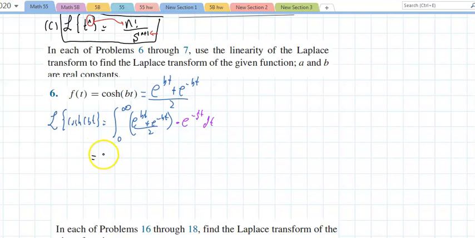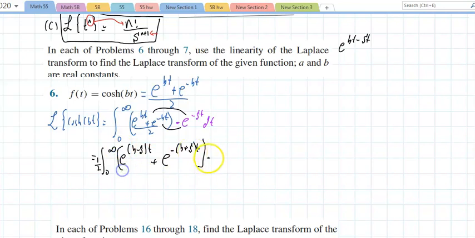That is the integral from 0 to infinity. I'm going to take the 1/2 out. When you multiply those, if I take e to the bt minus st, I'll factor a t out, b minus s t, plus e to the negative b plus s t, all dt.